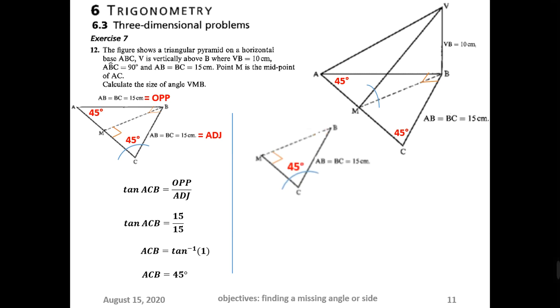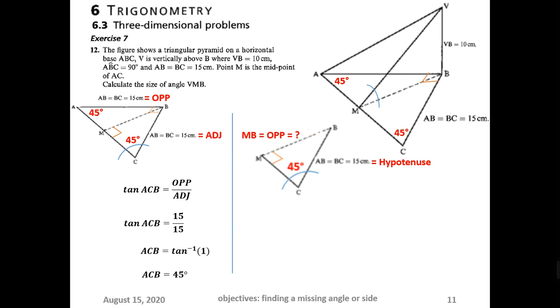Now, let's draw a sketch for only triangle CMB or BMC. Based on the known angle, which is 45 degrees, BC is the hypotenuse because it is right across the right angle, and we want to find MB. MB is the opposite side to the 45 degree angle, which is my unknown.